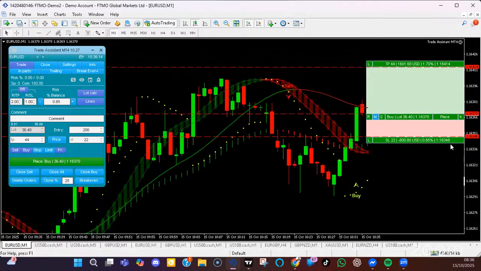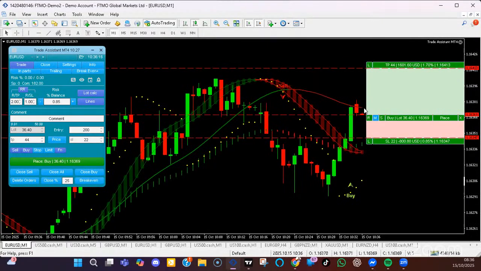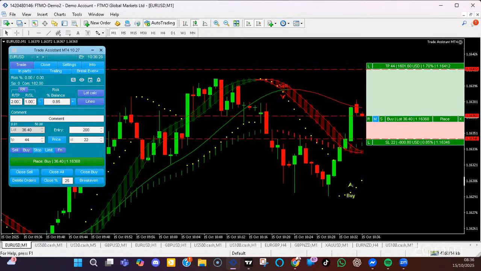So this is where the stop loss will be, on the trend line, activating on the SPY, if it gets that far.